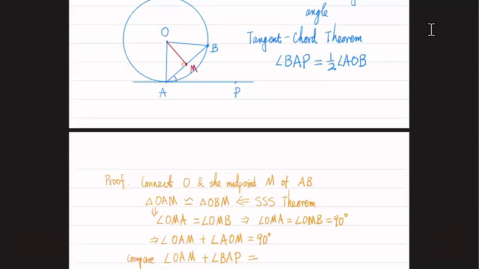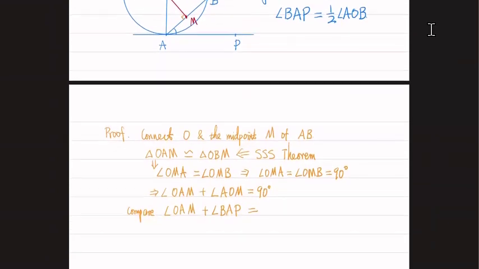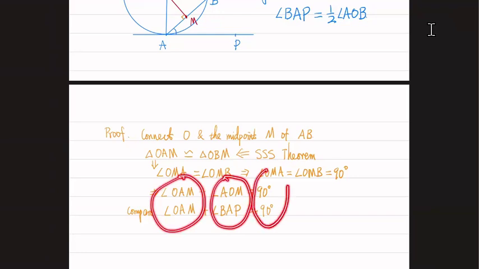Why? Because of the tangent theorem: the line from the center point to the tangent point is perpendicular to the tangent line. So by the tangent line theorem, this is perpendicular to the line, so the summation of these two angles is also 90 degrees. So these two angles, we add the same thing, get the same thing. The two must be the same.